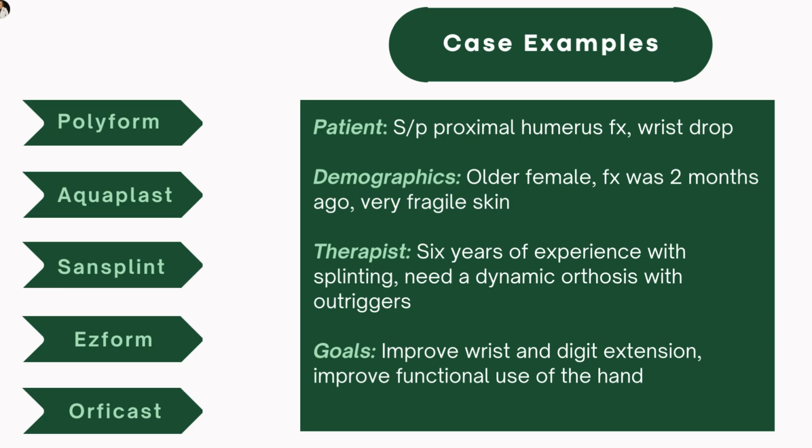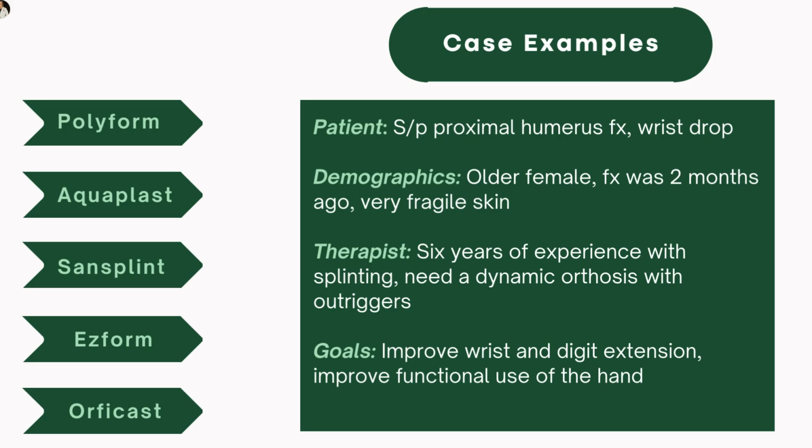Right away you should be thinking, no, it's too thin. It's okay for outriggers, but it's not going to be as supportive, and that's the key. You really need the splint to have a lot of strength, a lot of rigidity, a lot of support. And when you compare it to the other types of material, it definitely doesn't win in that category. So again, it could be an option, but here you're determining what is your best option for this patient.